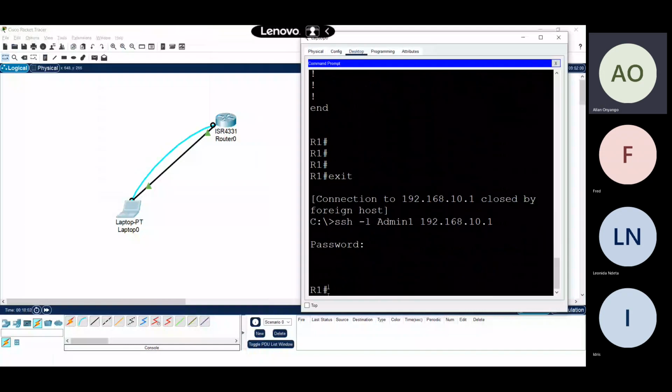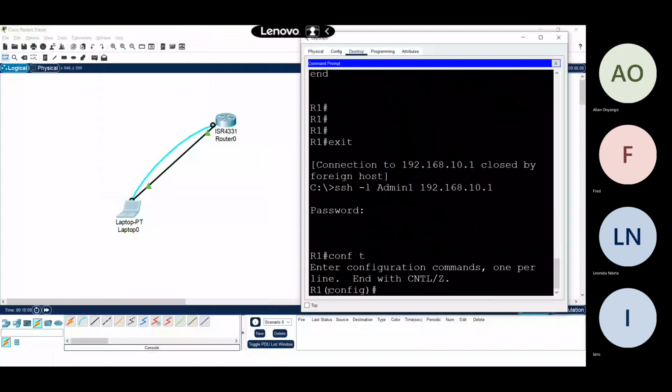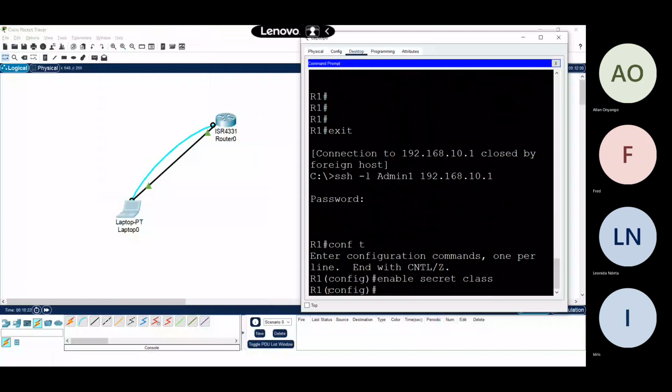It takes me straight to the privilege exec mode. And I want to say conf t, and I need to say enable secret class, for the privilege exec mode password.